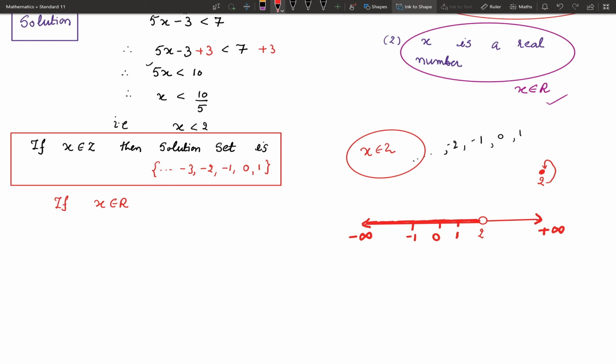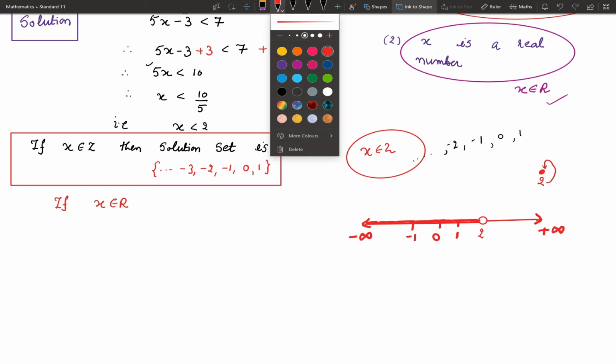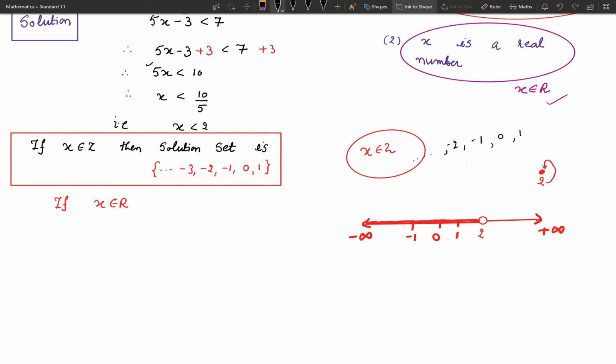So if x belongs to R, the solution of the given inequality, as shown in the figure, is the open interval minus infinity to 2.